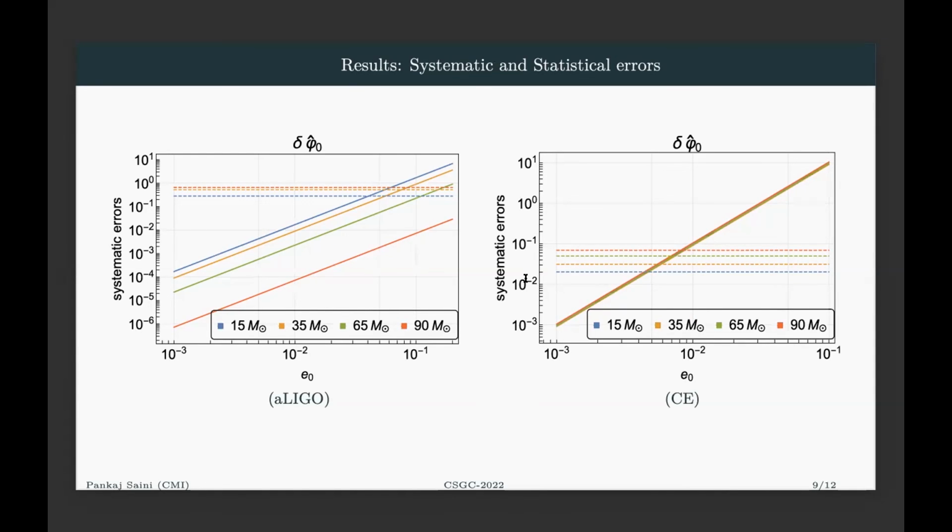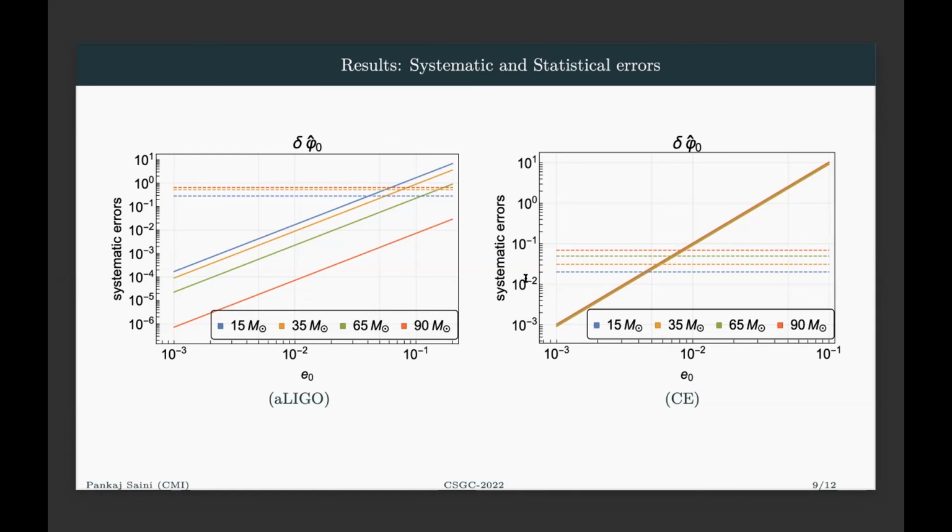When we go from advanced LIGO to CE, there are two things. We have slightly more inspiral because it is starting at 5 hertz, and also the sensitivity is better. So have you checked whether this systematic bias is becoming comparable to statistical at smaller values of eccentricity because of the sensitivity or because of the slightly more inspiral?